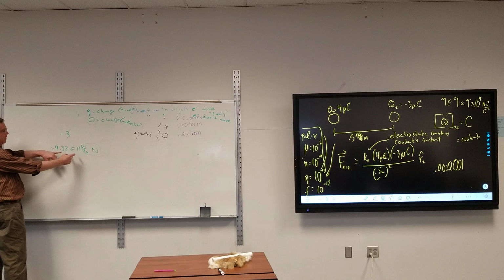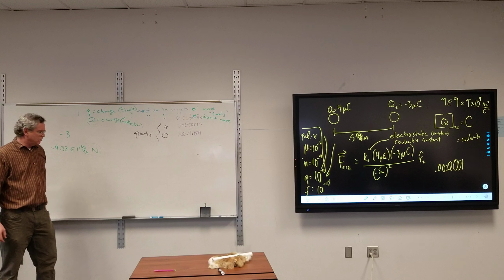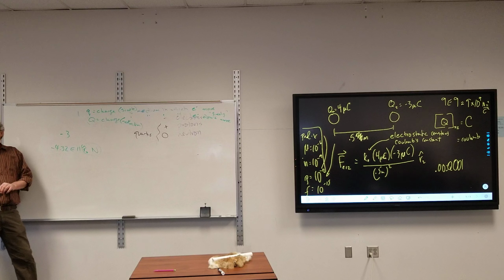But so we got 4.32 times 10 to the, oh, I wrote that wrong. What's wrong with that answer? It should be negative. But when I said it's a small force, that's not a small force.